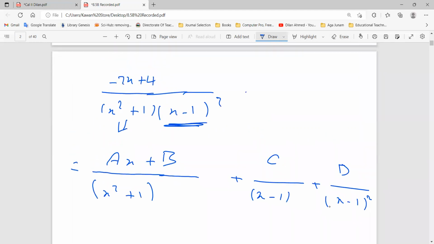Now, rational function R of x changed to partial fractions: ax plus b, cx plus d. Clear, dears? Clear?